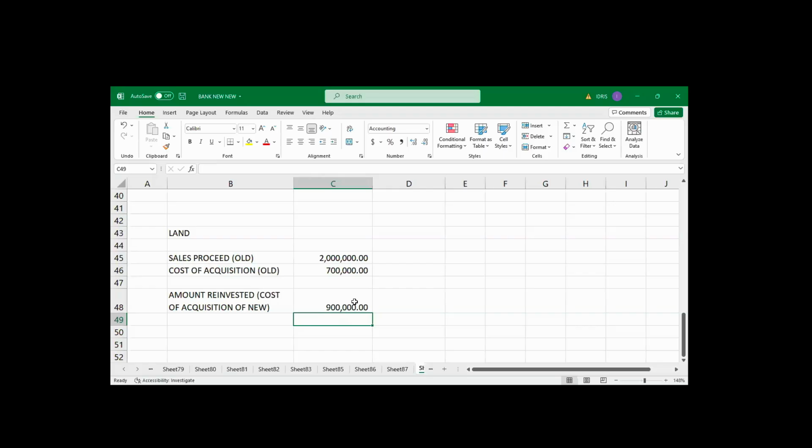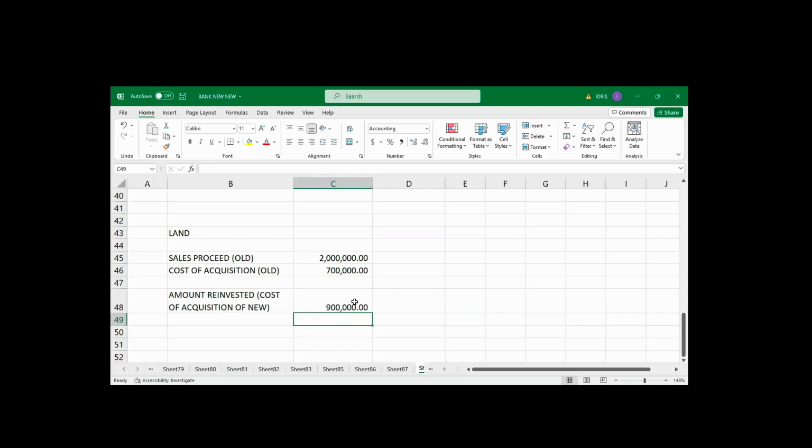Partial is available where the amount reinvested in the acquisition of new assets is less than sales proceeds of the old asset, but it's higher than the cost of acquisition of old assets.